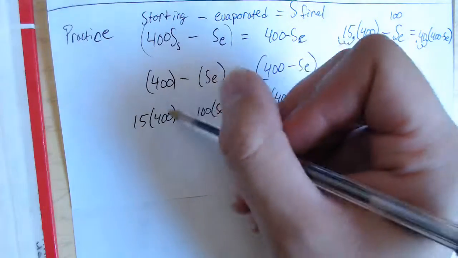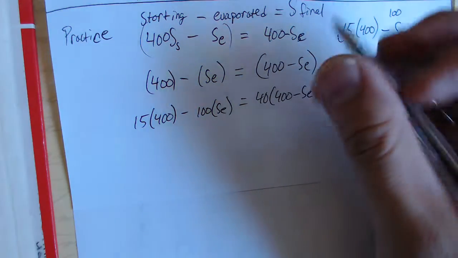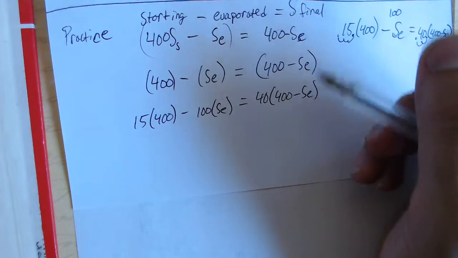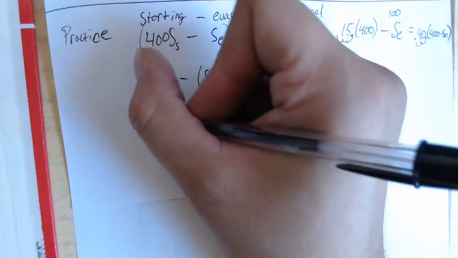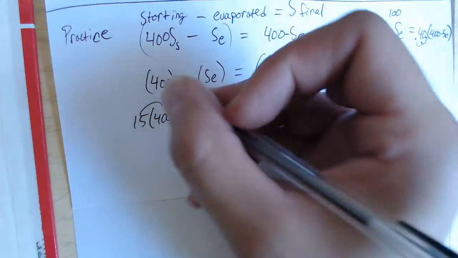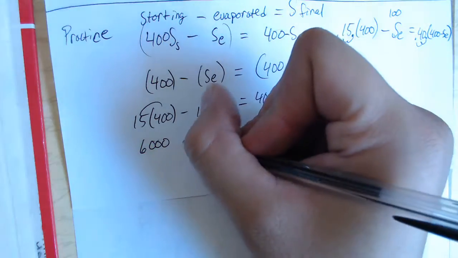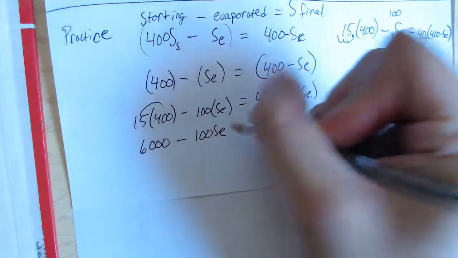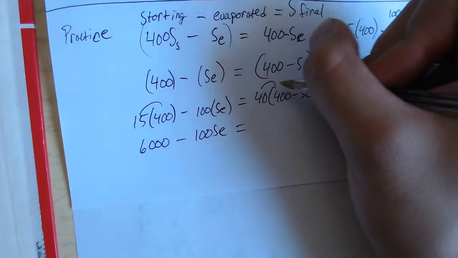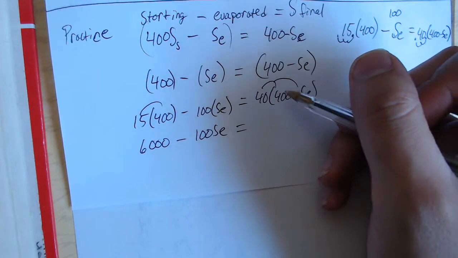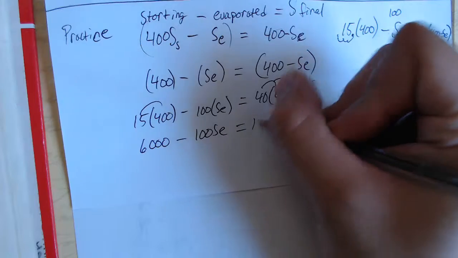I'll simplify this equation so that I can substitute or eliminate between them. 15 times 400 is going to become 6,000 minus 100 SE, and then 40 will distribute. 4 times 4 is 16. Add the 3 zeros.